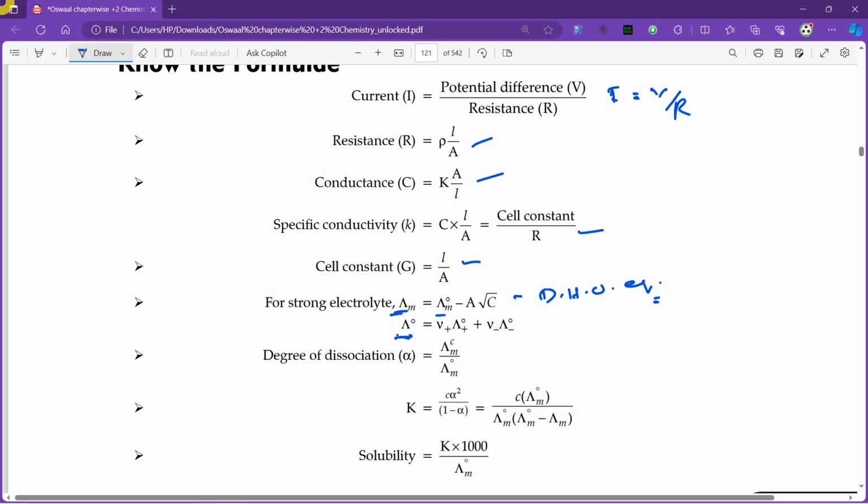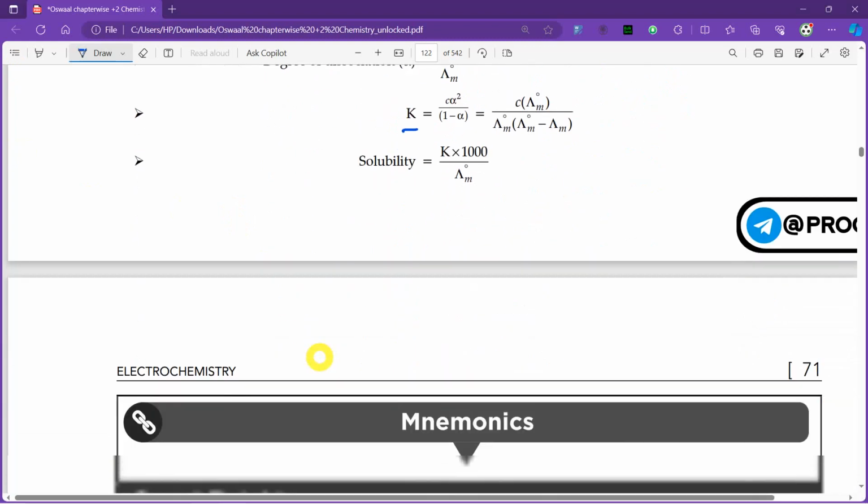Degree of dissociation alpha is equal to lambda Cm by lambda naught m. And K, the dissociation constant, is equal to C alpha squared by 1 minus alpha, which can be written as C lambda m squared by lambda naught m into lambda naught m minus lambda m. And solubility is equal to K into 1000 by lambda naught m.